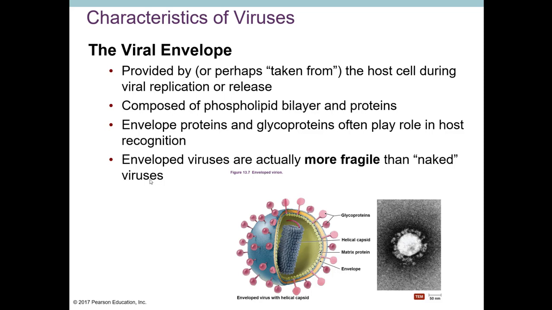And it's funny that the enveloped viruses are actually easier to destroy than the ones that don't have the envelope. That seems counterintuitive, but it's actually pretty easy to disrupt a membrane because it's amphipathic, so soap and detergents will typically disrupt the membrane. And there are other things, but they're actually a little bit easier to deal with.